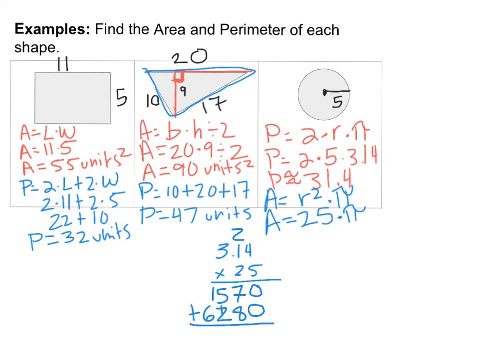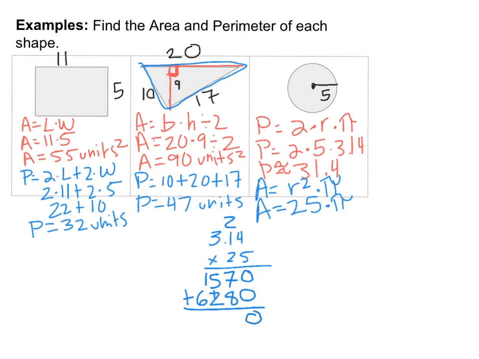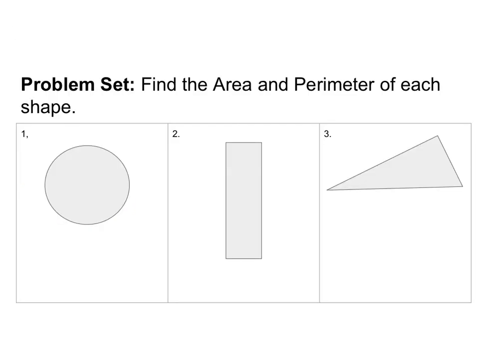And then I add: 15, carry the 1, 5, 6, 7, 8. Since I moved the decimal place over twice, I move the decimal place over twice here. So my area is approximately 78.5 units squared.